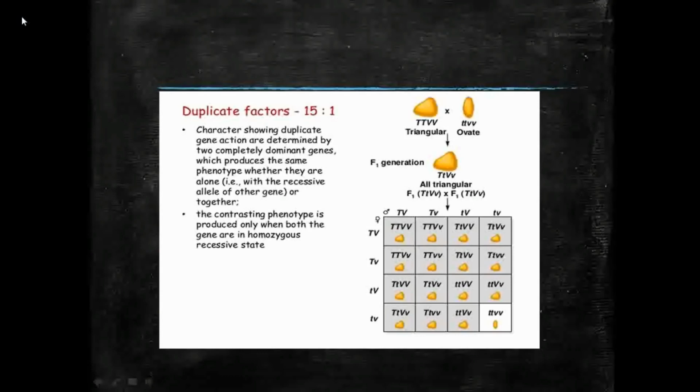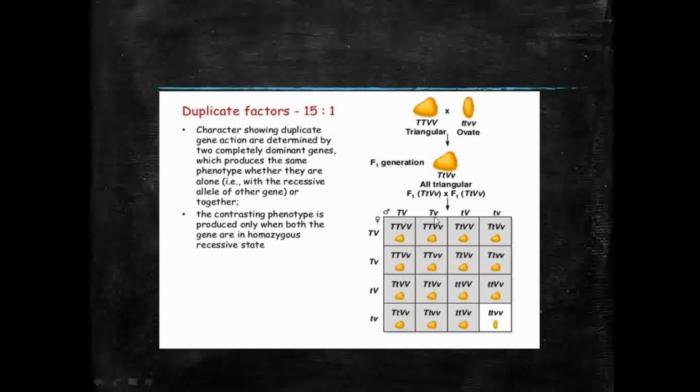So here in this type we will get a cross. Here you can see the gametes which are formed: capital T, capital V, capital T, small v, small t, capital V, small t, small v. In this female also we will get all the similar kind of gametes, and when they fuse, it will produce capital T, capital V, means the triangular shaped fruit.